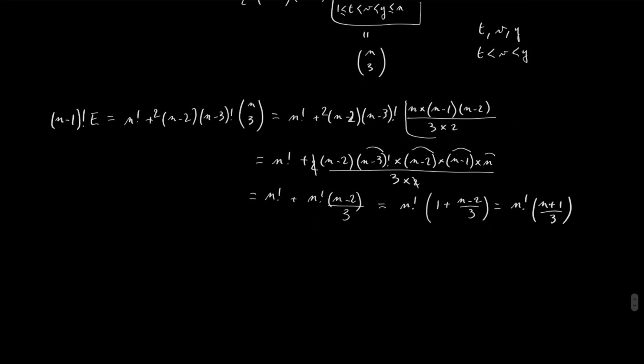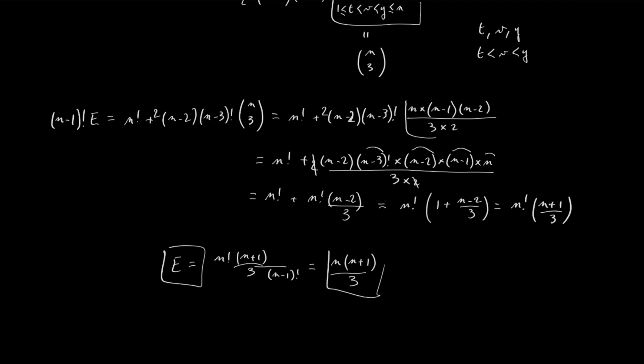So at the end, we have e that is equal to n factorial multiplied by n plus 1 divided by 3 divided by n minus 1 factorial, which is equal to n multiplied by n plus 1 divided by 3. So at the end, the expected value of the length of the path is equal to n multiplied by n plus 1 divided by 3.